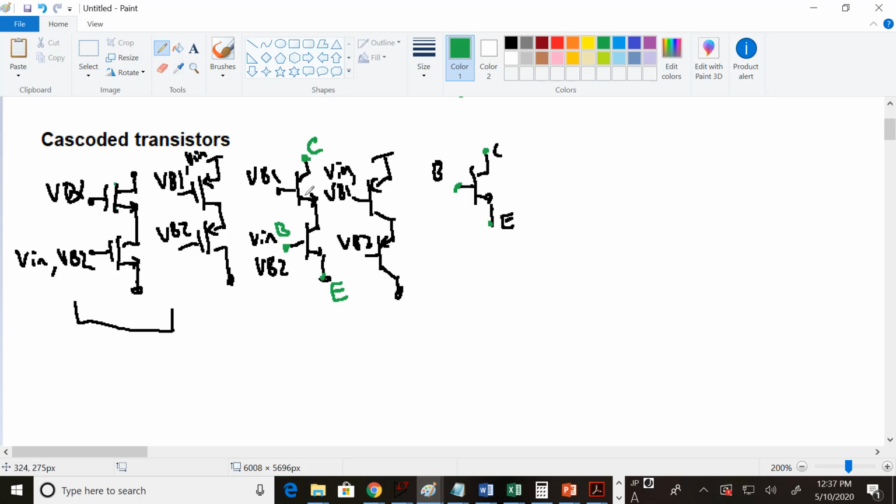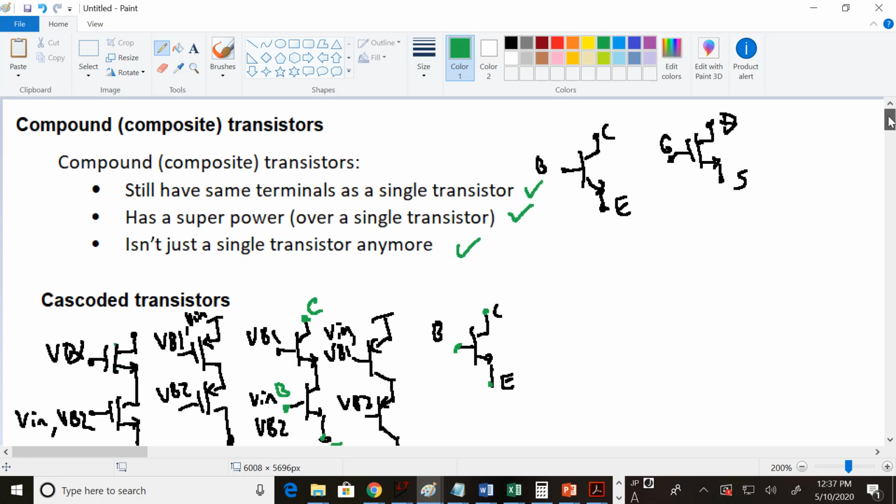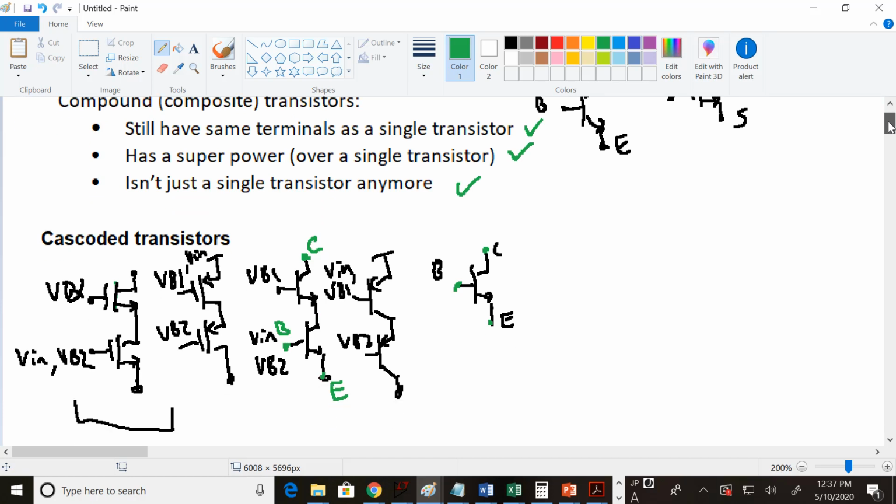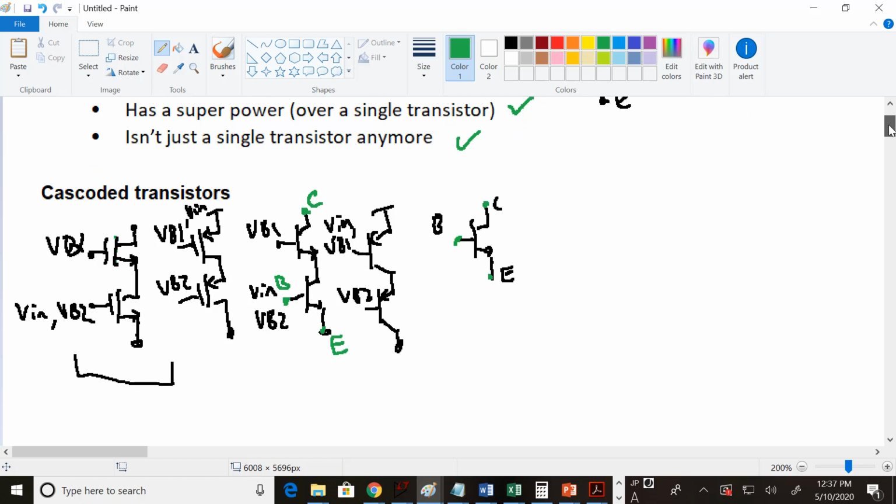It can be treated as a 3-terminal device. Okay, so that's one condition of being a compound or composite transistor. And it's not a single transistor anymore, so that's a second part of what you see in compound or composite transistors. And then the third thing is that it has a superpower over a single transistor.